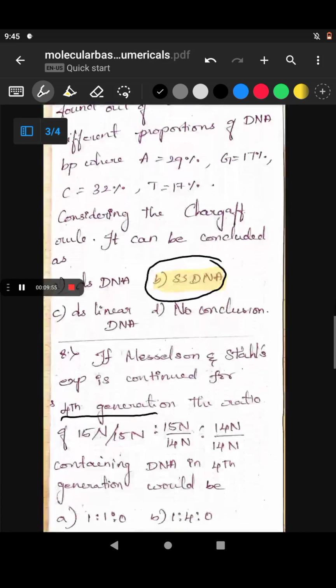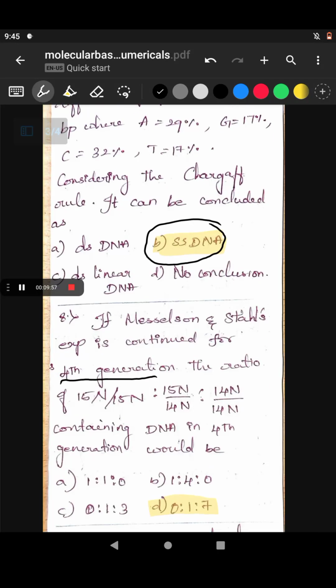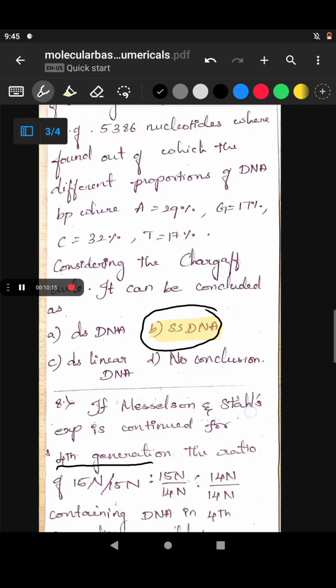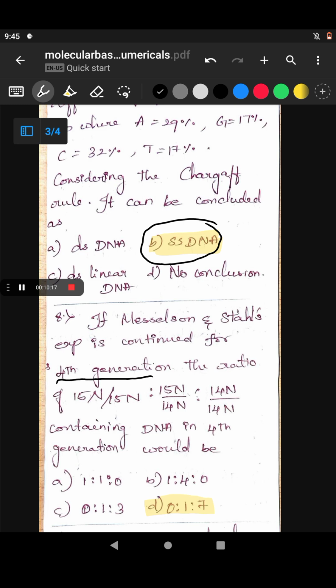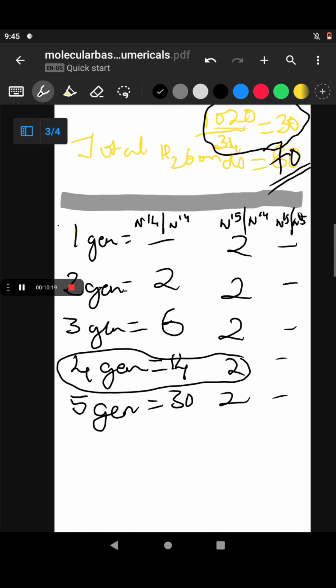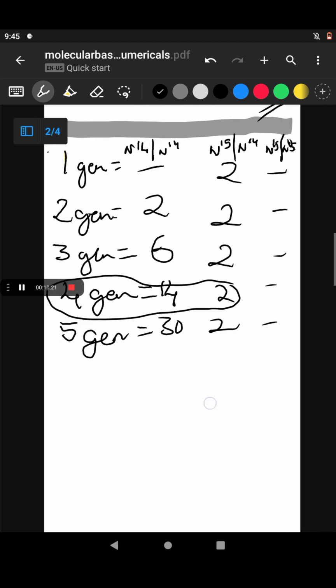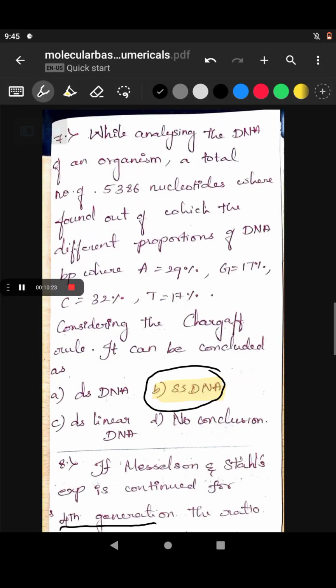Now they have asked you to find this ratio. 15N by 15N is 0. 15N by 14N, the hybrid, is 2. 14N by 14N is 14.